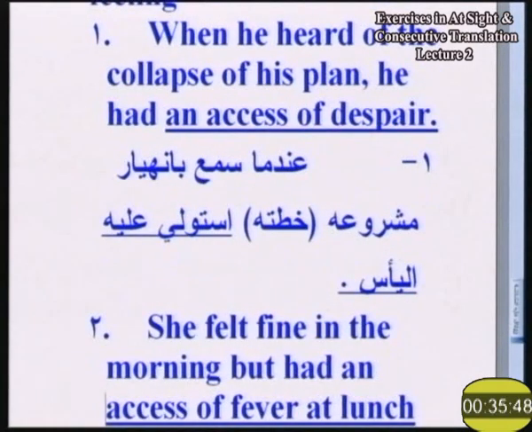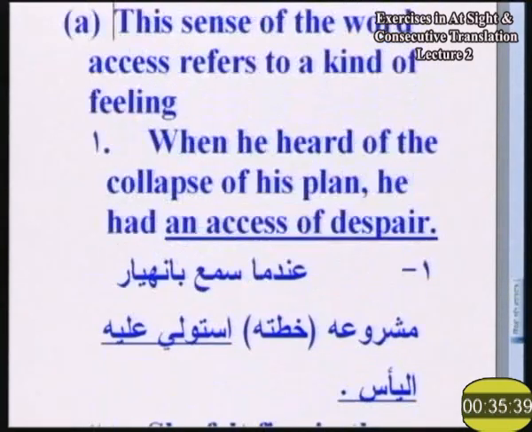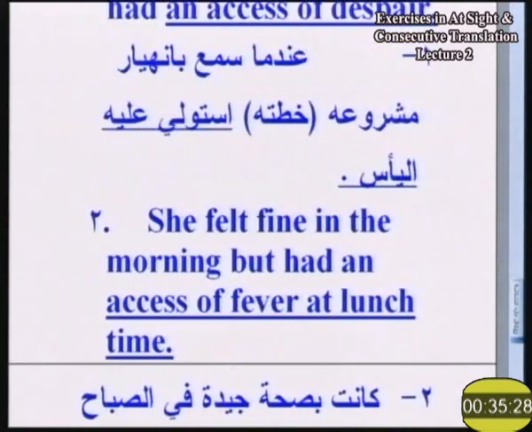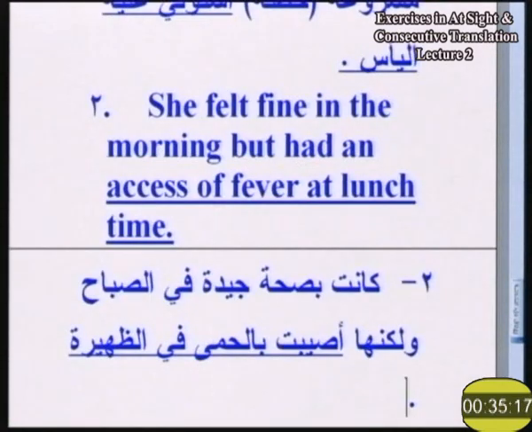Number 2, she felt fine in the morning but had an access of fever at lunchtime. Again, an access of fever. Let's go back to sentence number 1. An access of despair, that is شعور باليأس. An access of fever at lunchtime means simply that she felt that she's ill. كانت بصحة جيدة في الصباح ولكنها أصيبت بالحمى في الظهيرة.